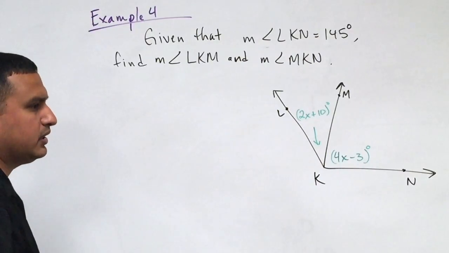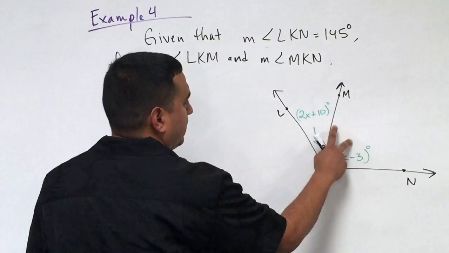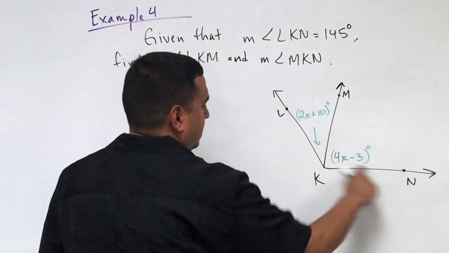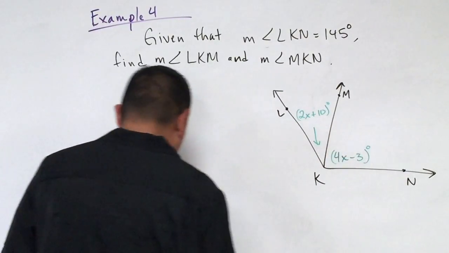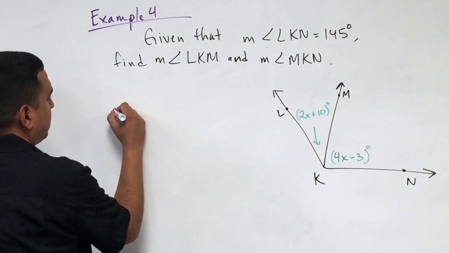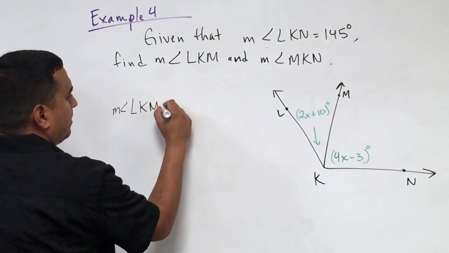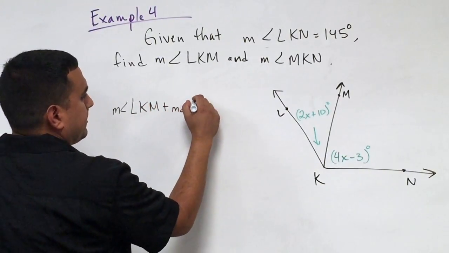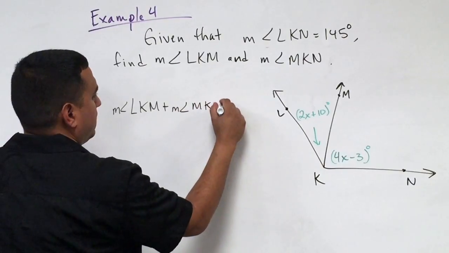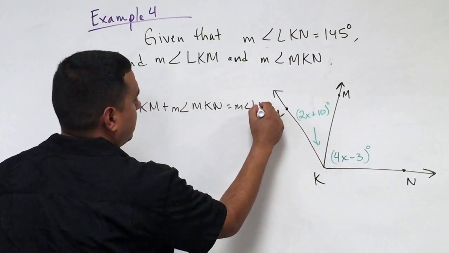So let's get started. The angle addition postulate says that I can take these two smaller angles here and add them to get angle LKN. So the angle addition postulate using symbols would say that I can take the measure of angle LKM plus the measure of angle MKN, that's going to equal the measure of angle LKN.